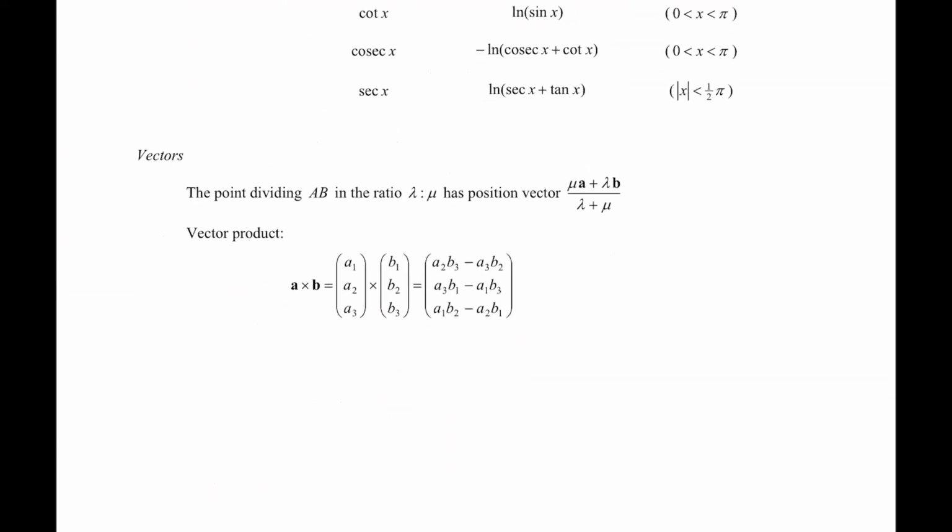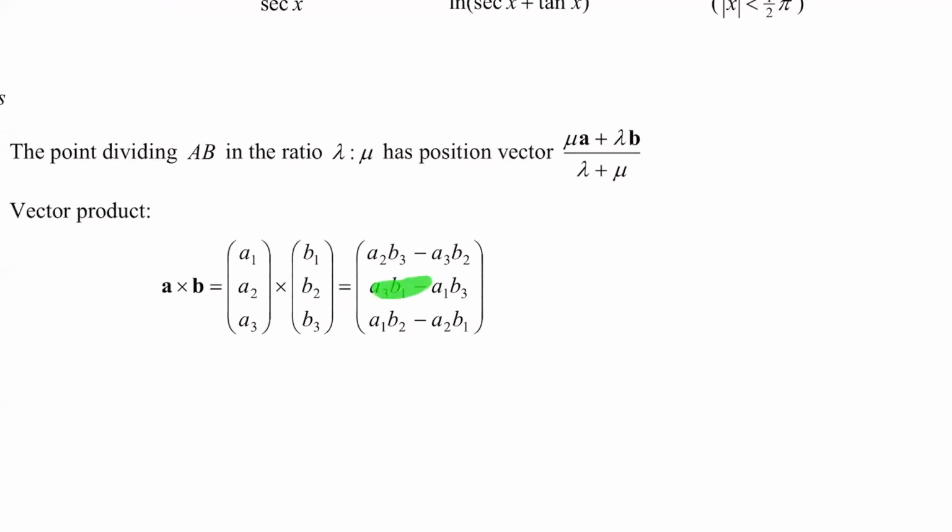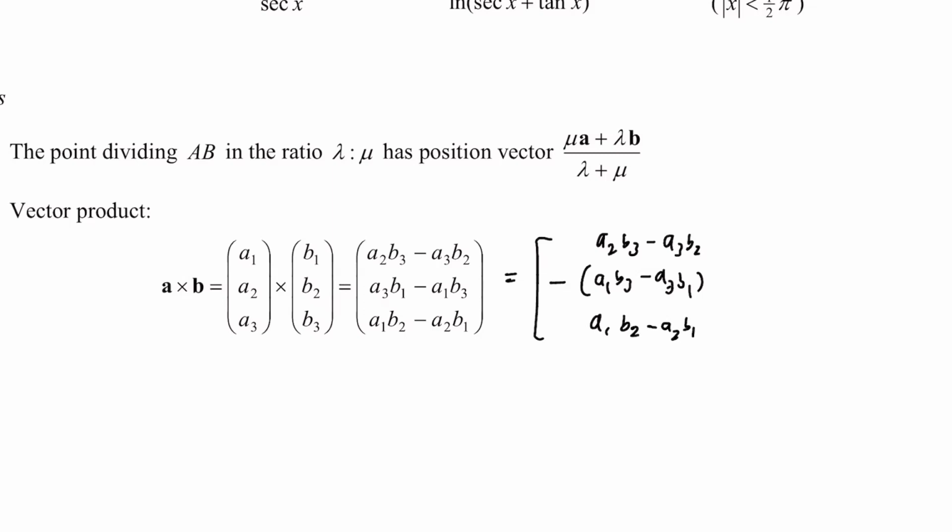Oh, right, cross product. Here they gave you the A3B1 minus A1B3 version. I think it's better if you remember it as negative of A1B3 minus A3B1. The reason is because it follows the same left minus right pattern. Do you know what I'm talking about?